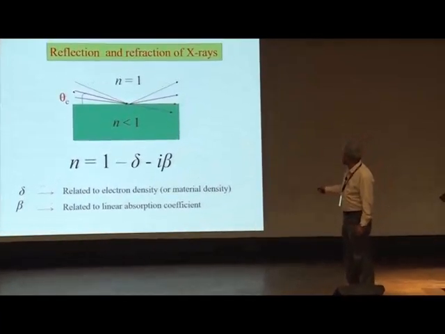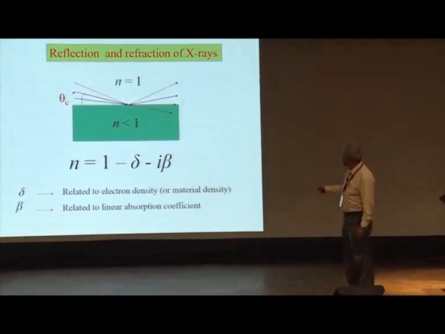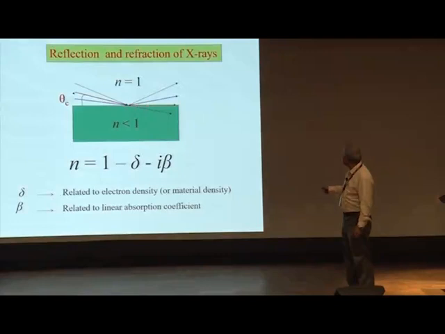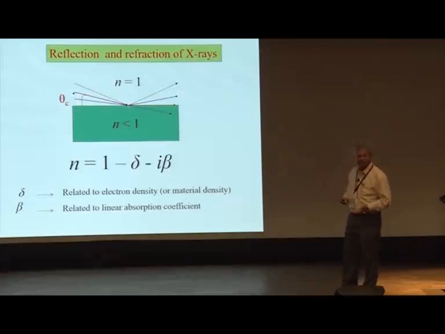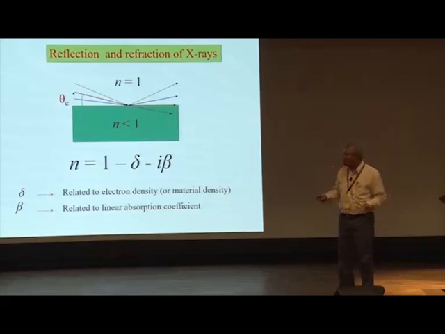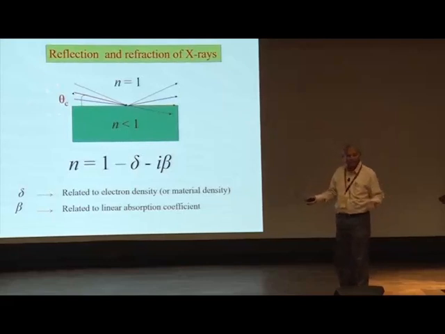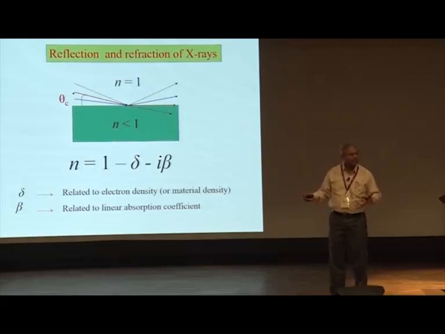If you reduce the angle of incidence to a certain angle, the refracted beam would go along the surface. If you decrease the angle further, then it reflects back into the medium. This is called total external reflection. So up to a critical grazing angle of incidence, you get total reflection, and beyond that, the reflection falls, and it falls very drastically. But we get all the information from there.